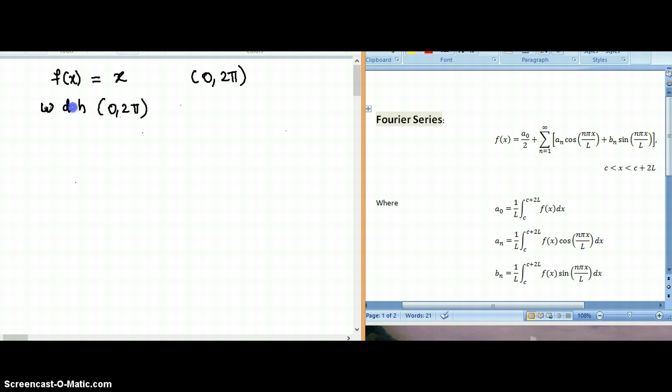It is always given by the upper number minus the lower one. So 2π minus 0, which is equal to 2π.